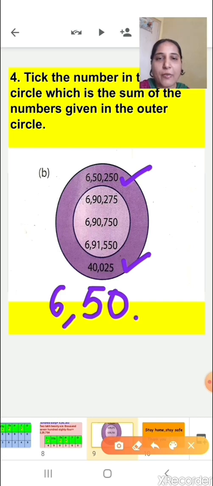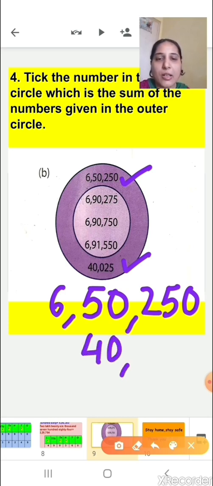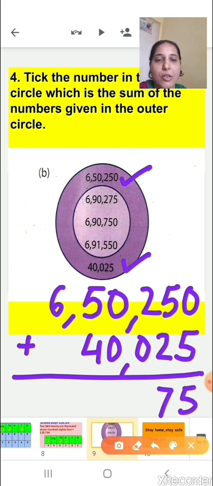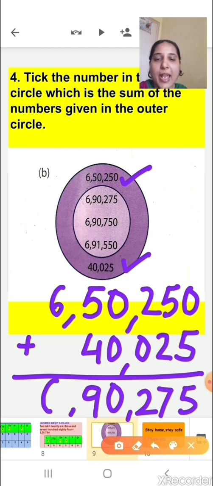These are the numbers which are on outer circle. So 6,50,250, and what is the other number which is in the outer circle? 40,025. So now let's add them. So 0 plus 5, 5, 5 plus 2, 7, 2 plus 0, 2. Now 0 plus 0, 0, 5 plus 4, 9, and there we have 6.